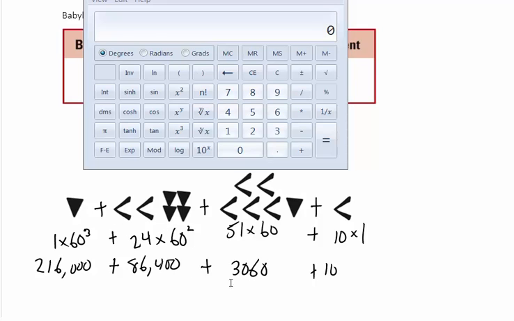Okay, so then we would literally have to add up each of these numbers. So 216,000 plus 86,400. Oops.